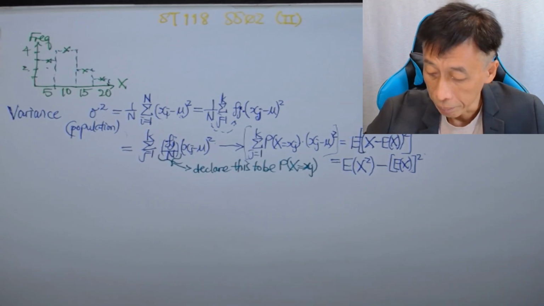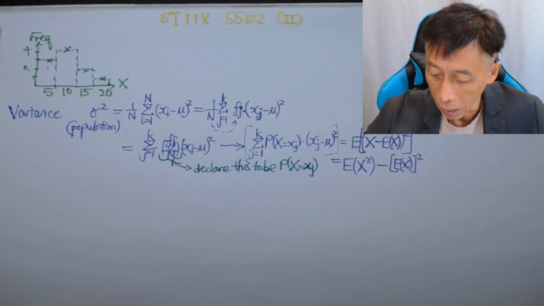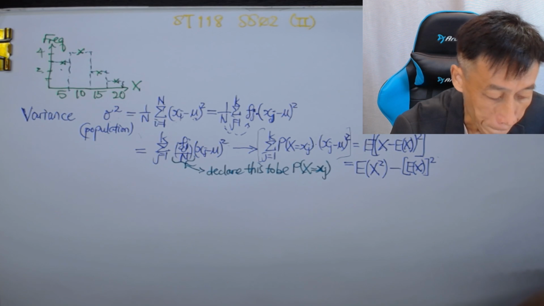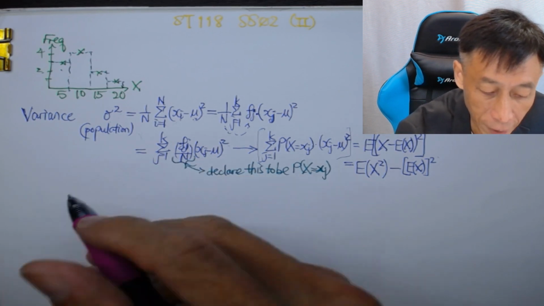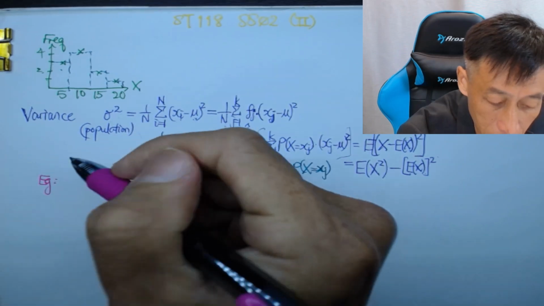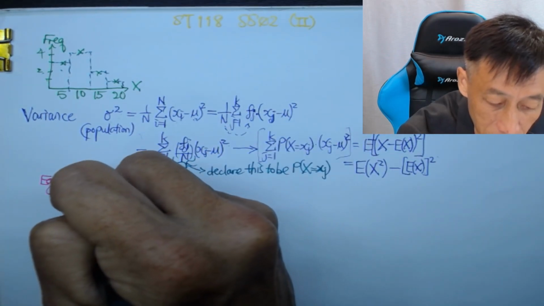Okay, quick calculation. We have 5 times 3, so example here. Find the variance of the example.